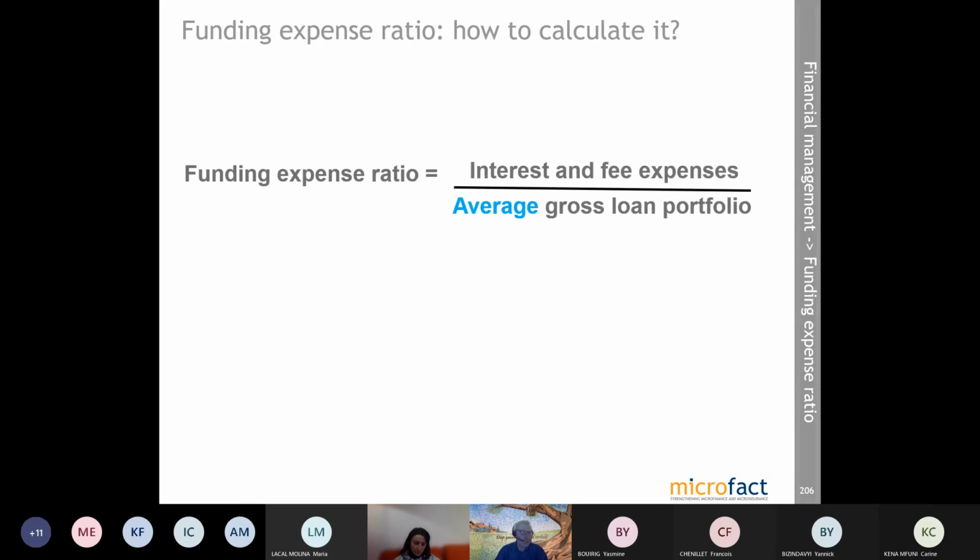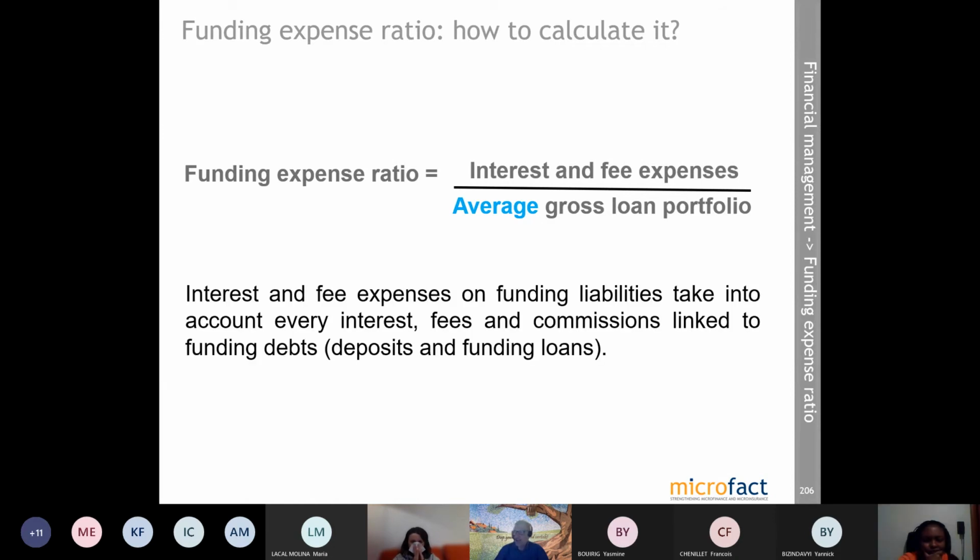All right. So here again, we have all the interests, and here is your question, Karin. Sorry, no, it's later on. Sorry, it's all the interest and fee expenses on my funding liabilities. So everything I pay on interest, fees, and commissions, on deposits or on borrowings, funding loans, borrowings is a better word.